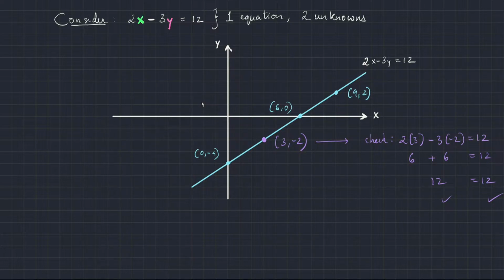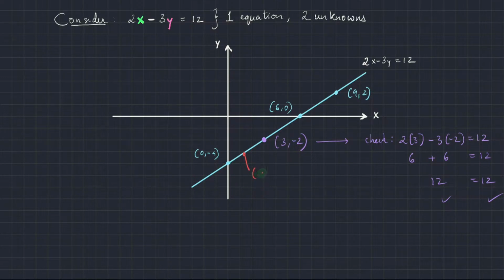Now, I said that there were an infinite number of solutions. This is because of the fact that there is an infinite number of points on this line. For example, some of the points may not even lie on a convenient point where we can read the coordinates, like this point. This is a solution, whatever the coordinates are.